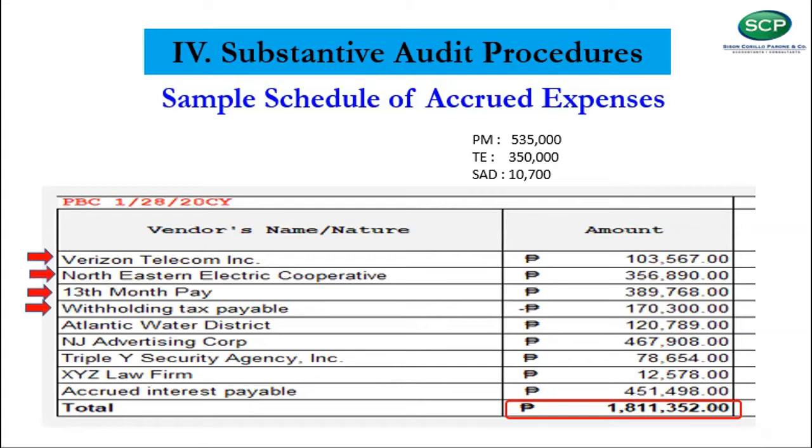There's an accrued expense payable to Atlantic Water District for 120,789, NJ Advertising Corp for 467,908, Triple Y Security Agency for 78,654 pesos, XYZ Law Firm for 12,578 pesos, and finally, there's an accrued interest payable as of December 31, 20 CY amounting to 451,498 pesos.